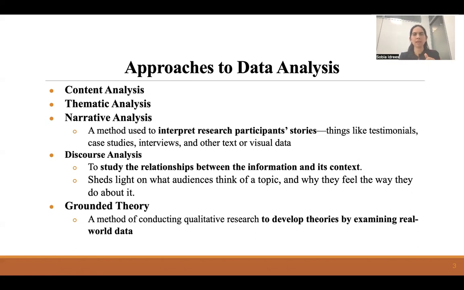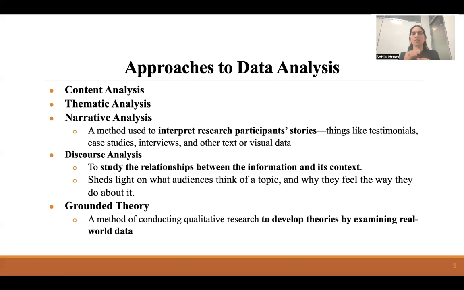For discourse analysis, discourse means trying to understand the relationship between information and its context. Why does a particular piece of information exist in a particular context, and how do participants think of a topic and why do they feel the way they do about it?